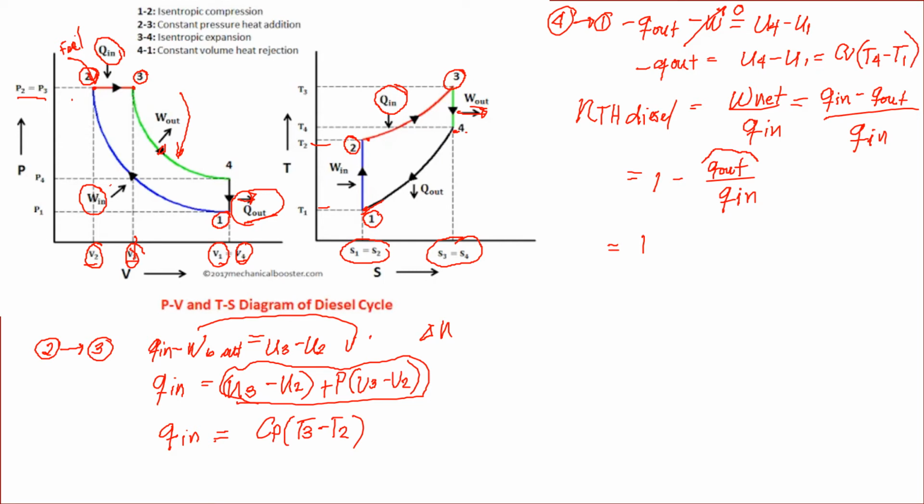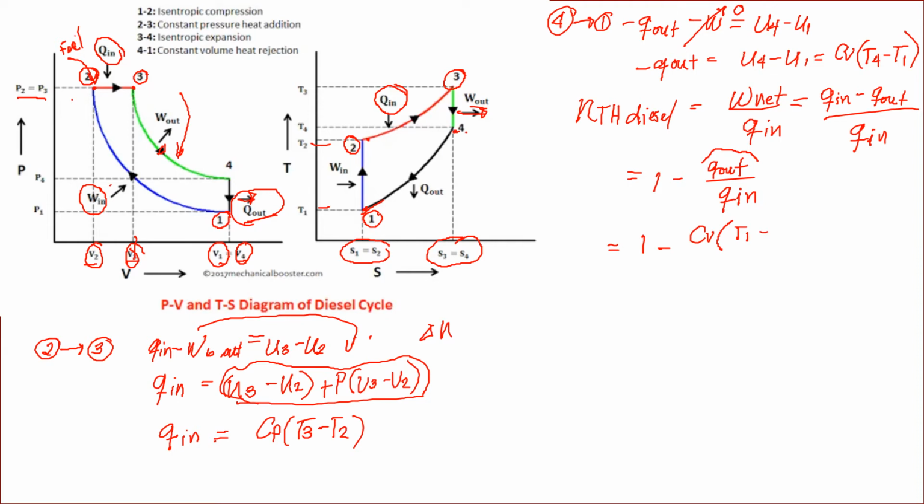And also, if we put the negative and apply this one here, we have negative Cv, and we have already interchanged the T1 and the T4.